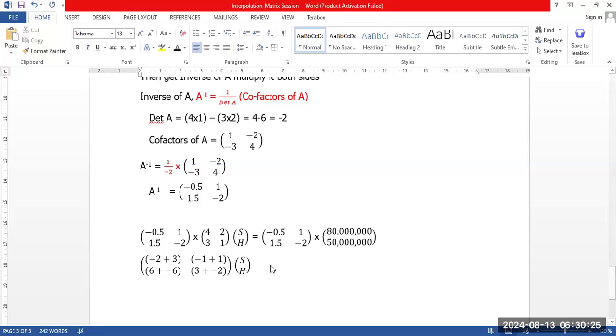Is equal to, we do the same on this side. Because this one also you're going to get a row multiplied by the column. This is like your column. This is a column. So you do the same in a matrix form.